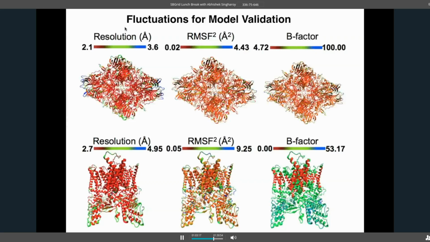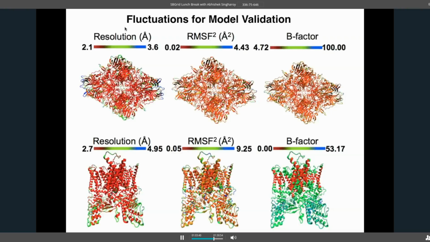Okay, so let's talk a bit more about model validation. There is a huge amount of discussion in the field of cryo-EM about what the good criteria for model validation are. There are 6 different ways in which molecular dynamics flexible fitting can validate a model, which are reported in the eLife paper that I showed a couple of slides back.